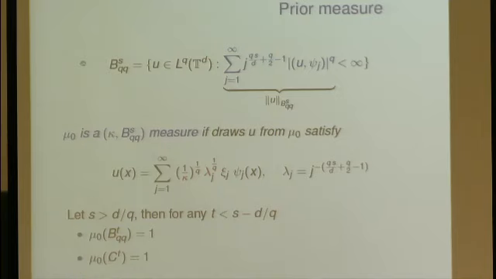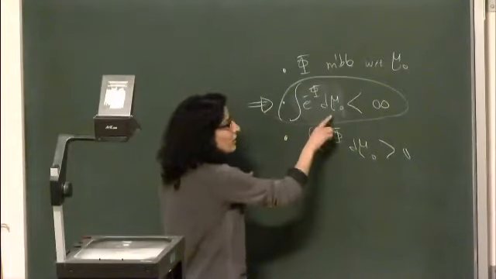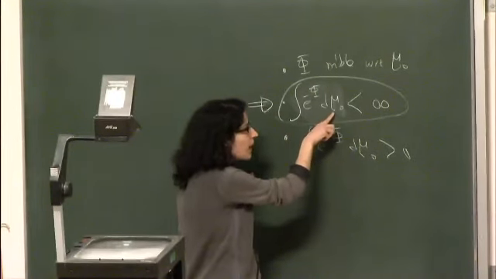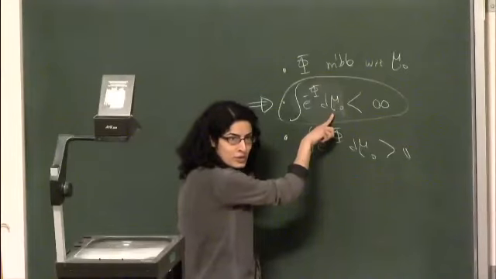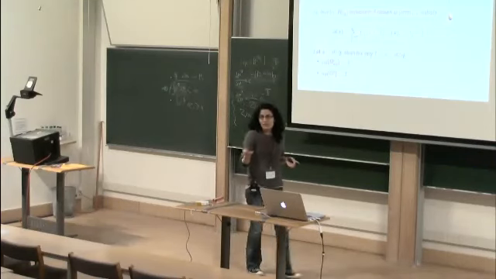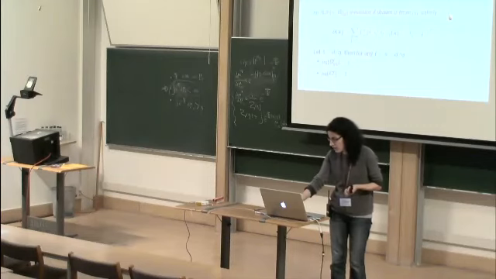Now, why am I telling all this? Because what I'm interested in, especially for this one, is what kind of functions are integrable with respect to mu naught. So I want to find the bound on mu naught integrable functions. From Gaussian theory, you know that you have Fernique's theorem, which says that e to the power of alpha ‖x‖ squared is integrable if mu naught of x equals 1.